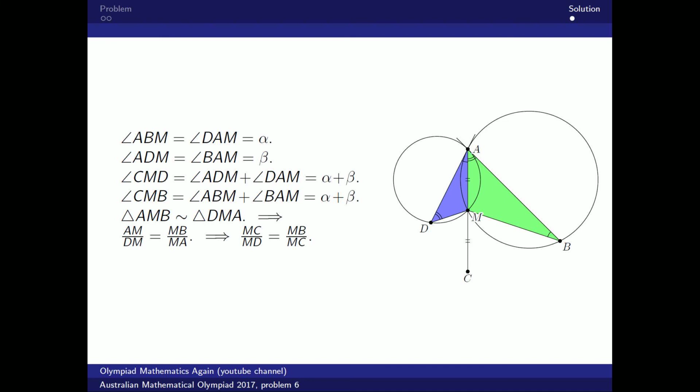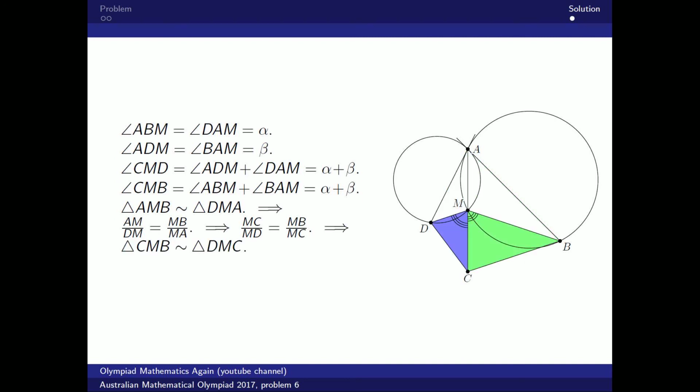So basically we had AM over DM is equal to MB over AM, and we replace on both sides AM with MC, because these two segments are equal to each other. Therefore, we obtain that MC over MD is equal to MB over MC.